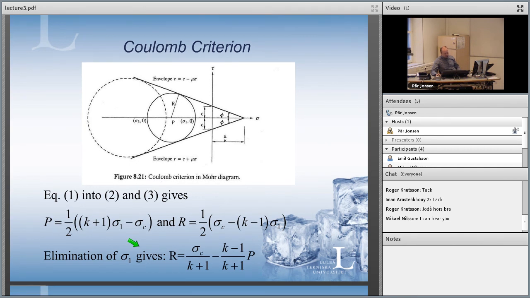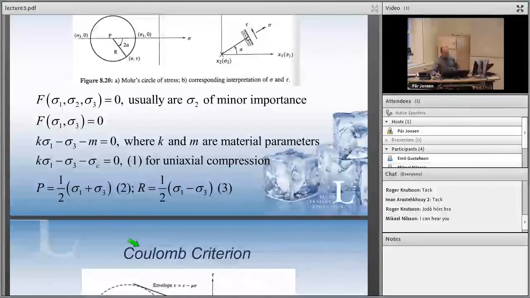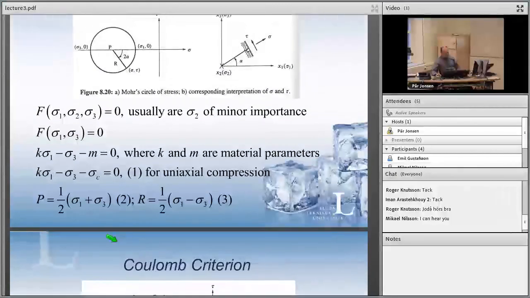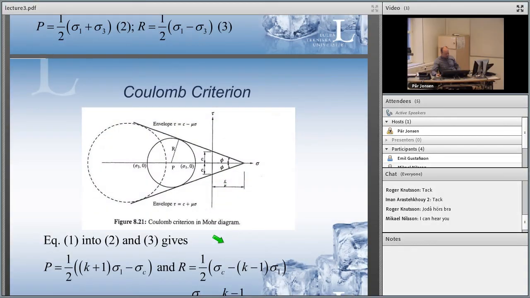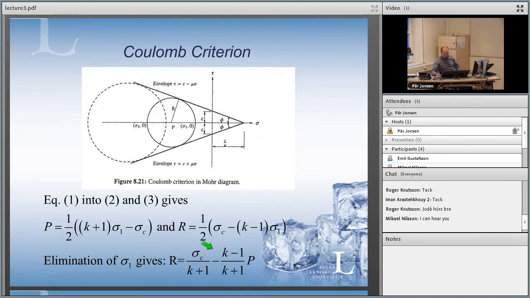And if you had equations 1 and 2 that were on the other side here, and also number 3 here, you can rewrite it into this form here. You can do it after the class maybe and look at the book. You can rewrite it into this form again.